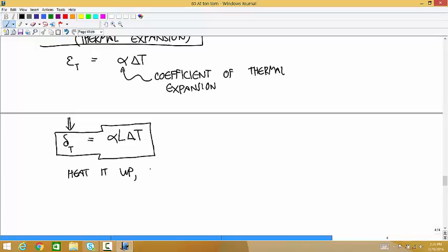It says heated up, the size increases. That's true of all solids. It's true of most liquids, not water. If you cool it down, the size gets smaller. Size decreases.